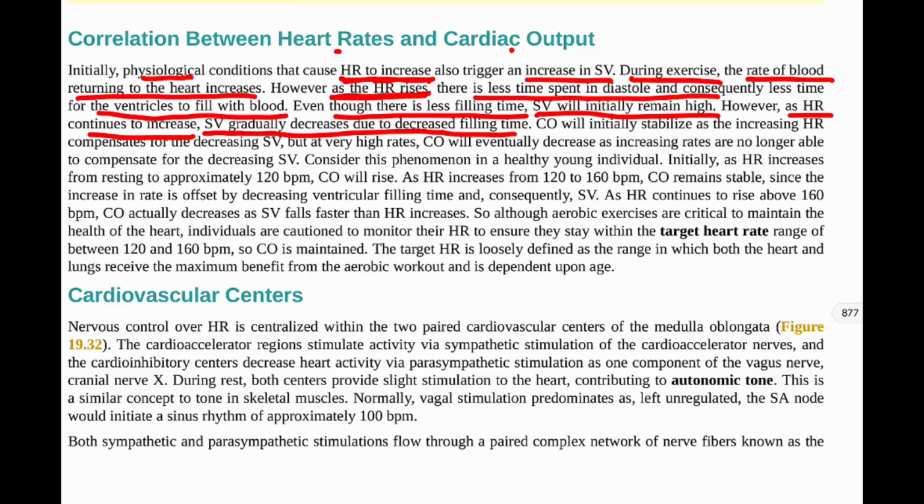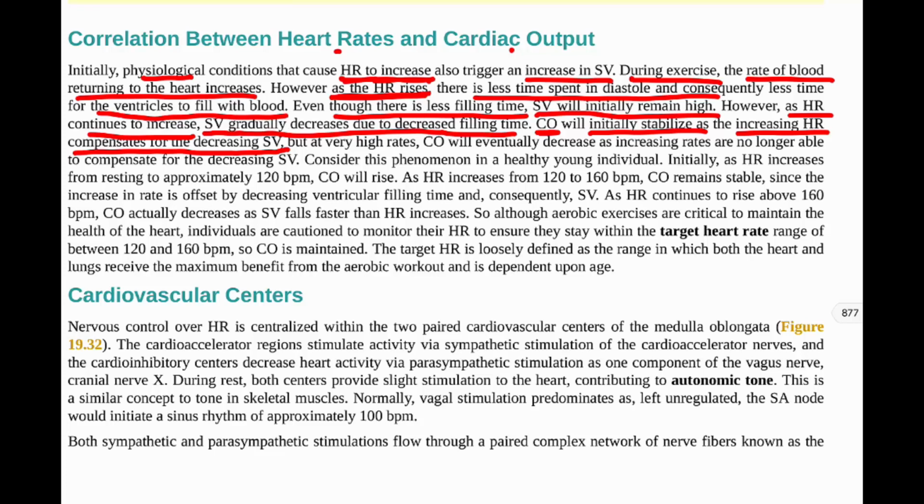So then in this case, the cardiac output is going to initially stabilize, as the increasing heart rate compensates for the decreasing stroke volume. So let's get this straight. At first we have an increase in heart rate, so our heart is pumping faster, but it's also still allowing time to fill up with blood.